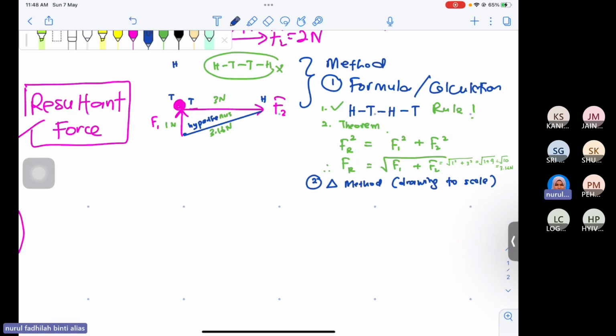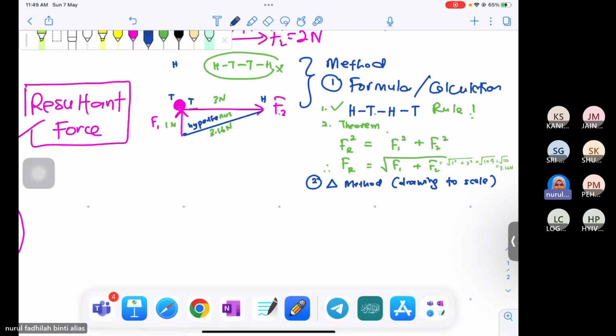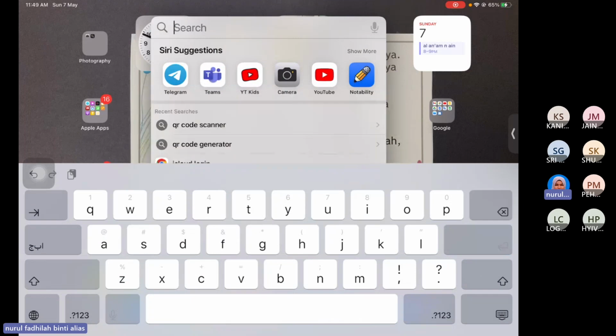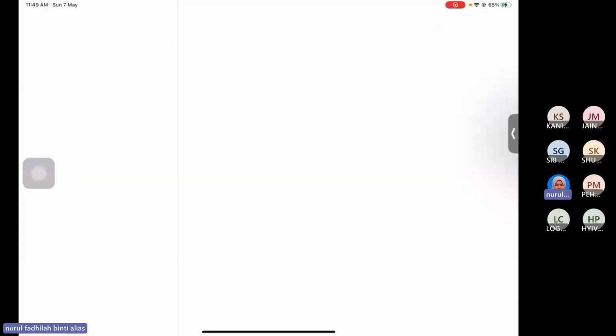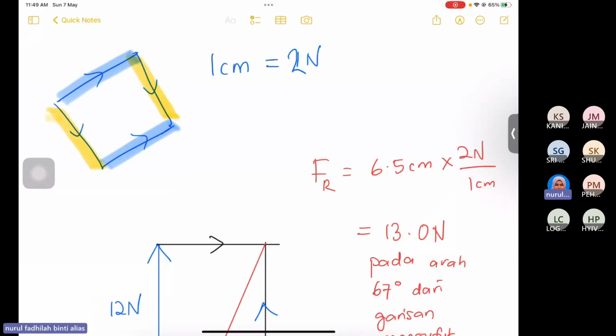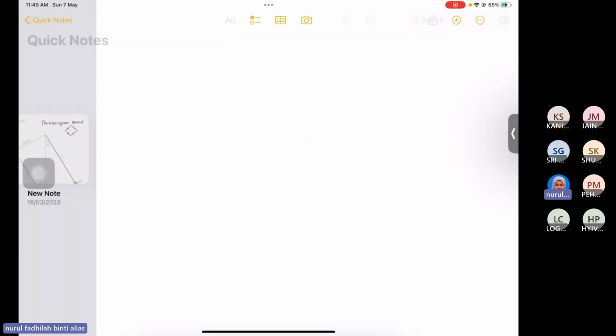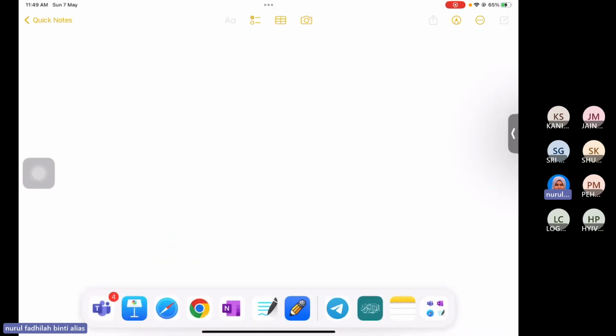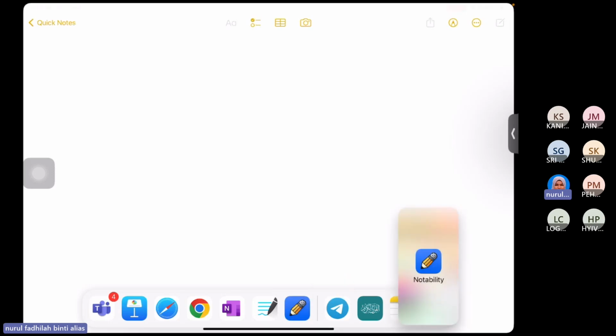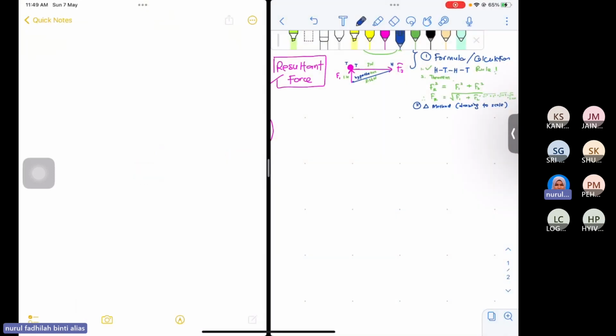Okay, you've seen this before, right? So now, I want a ruler, so that's why I use notes.